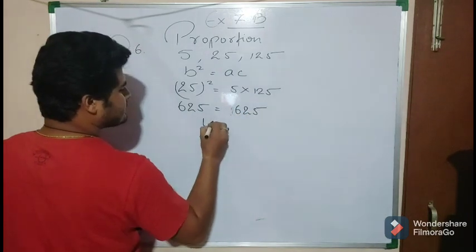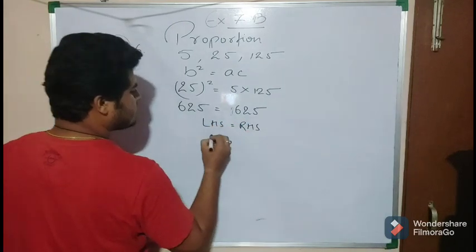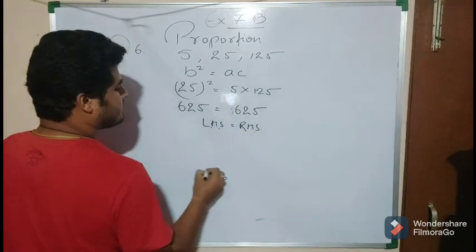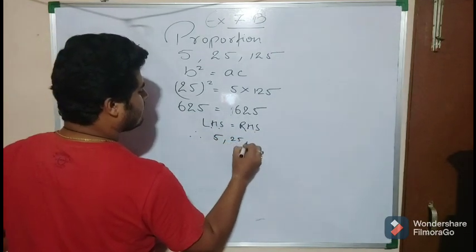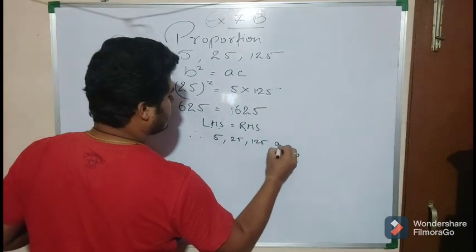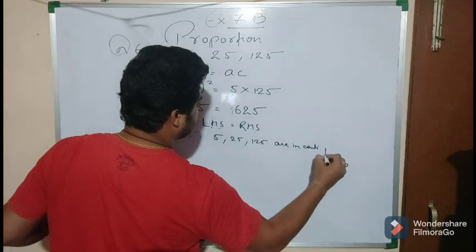So LHS is equal to RHS, left hand side is equal to right hand side. Therefore 5, 25, 125 are in continued proportion.